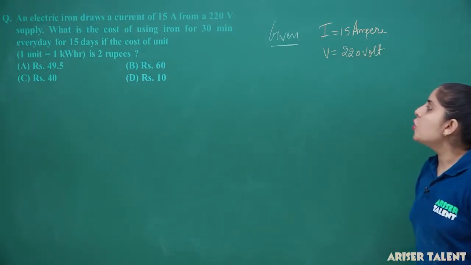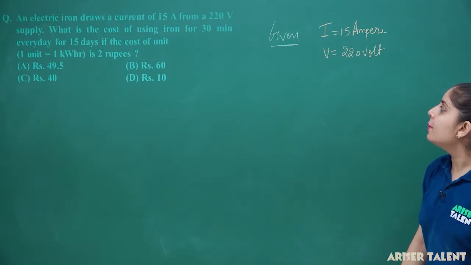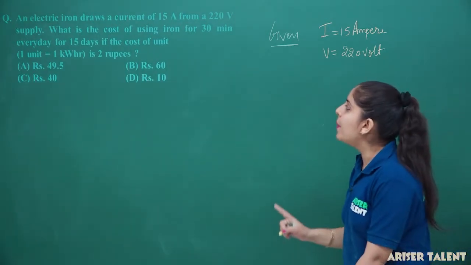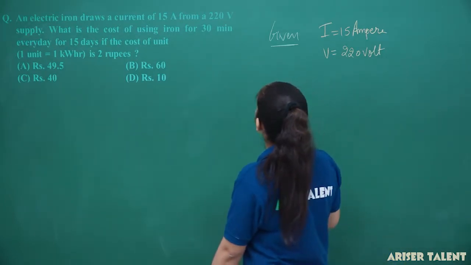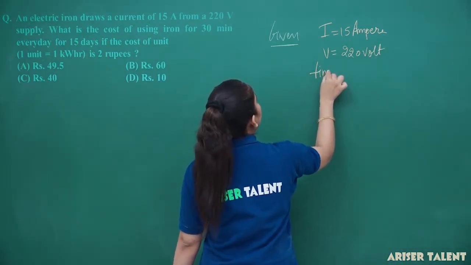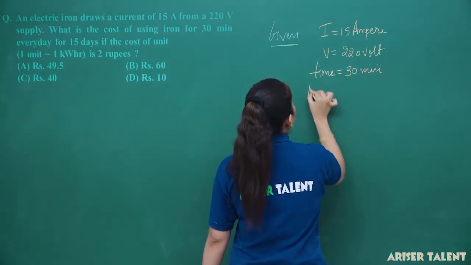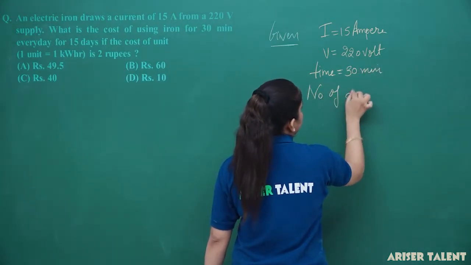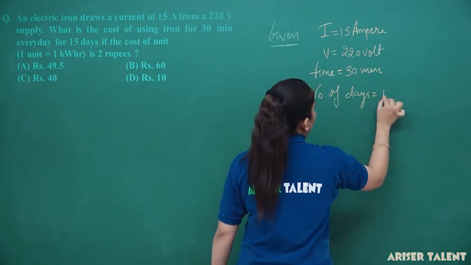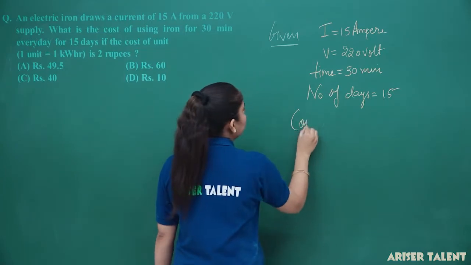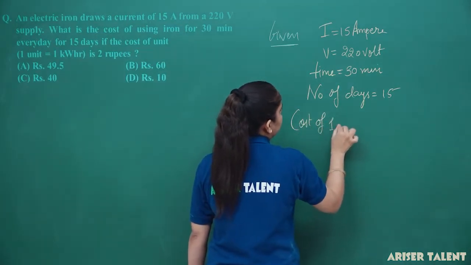What is the cost of using iron for 30 minutes every day for 15 days if the cost of 1 unit power is 2 rupees? So time is 30 minutes and number of days we are using the iron is 15 days. We are given a cost of 1 unit. Cost of 1 unit is 2 rupees.